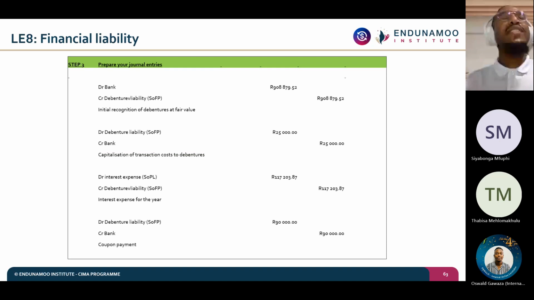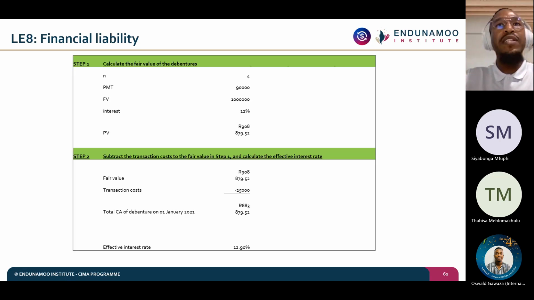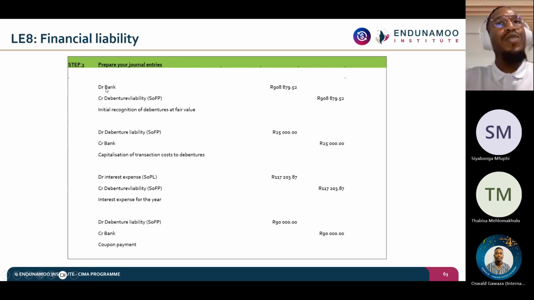In preparing our journal entries, we would say what came to the bank account is 908,879, because the scenario told us that these debentures were issued at their fair value. The fair value we determined, ladies and gentlemen, to be this 908,000. So we would debit our bank account with the 908,000, credit our debenture liability in the statement of financial position.